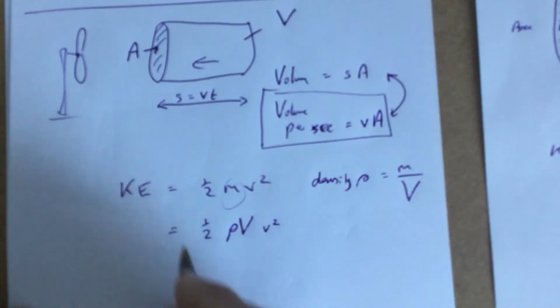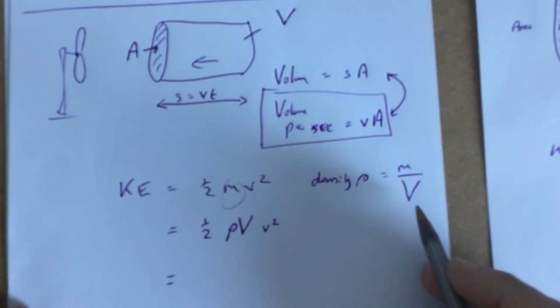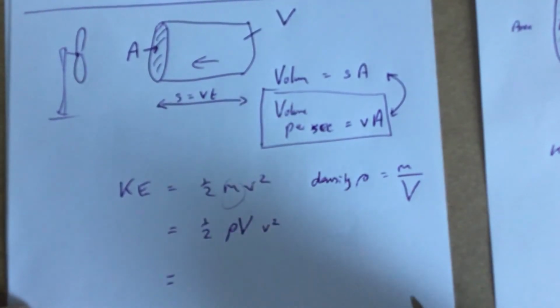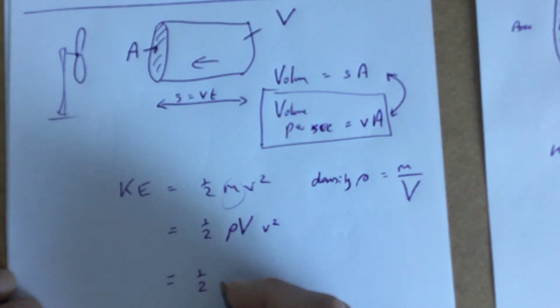Okay, that's what kinetic energy equals. We've got that far. All right, now rho V, that's not p, that's rho V, is equal to the mass. So we can look at trying to get rid of this V, because we don't know V, but we know the velocity.